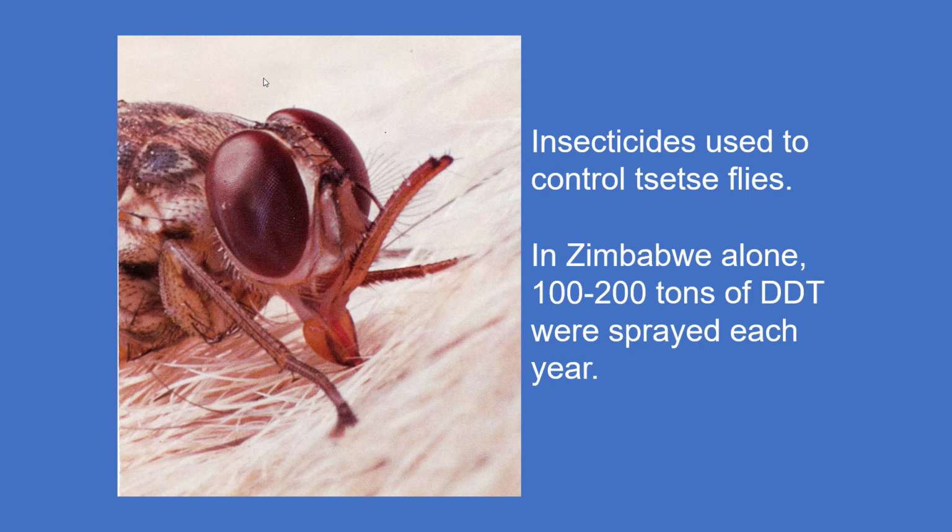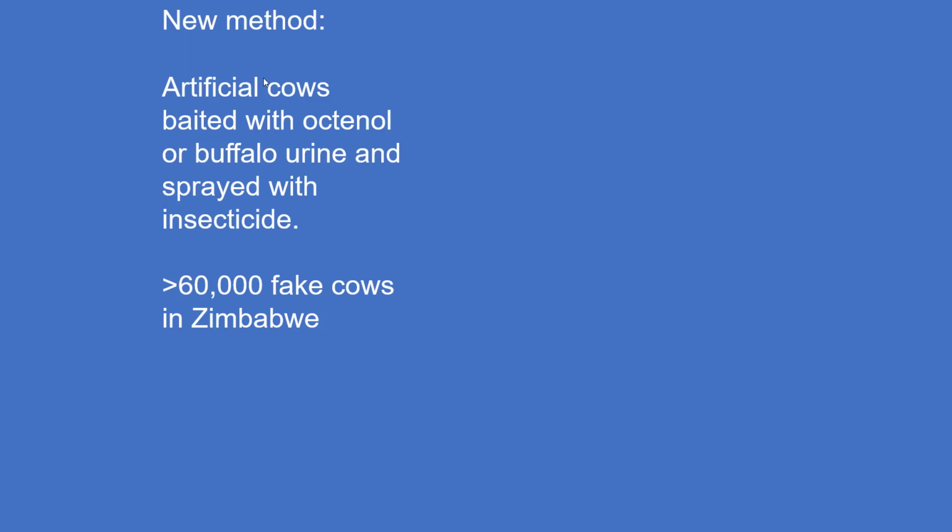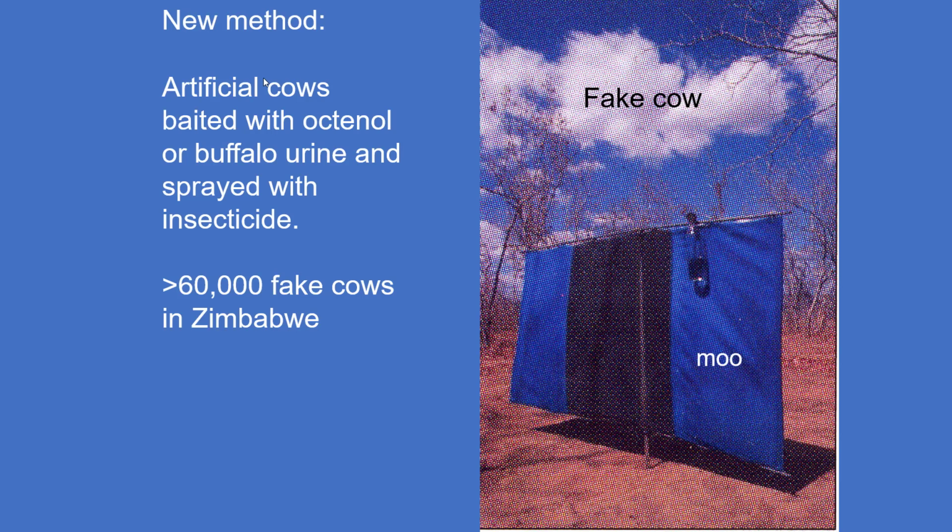So what to do? Well, a new method that has been developed is something known as an artificial cow. They take a sheet like you see here, and a lot of times they put urine from cattle or some other chemical on it that attracts the fly. They also spray it with insecticide, and they put about 60,000 of these things around in Zimbabwe, for example, to see what would happen.